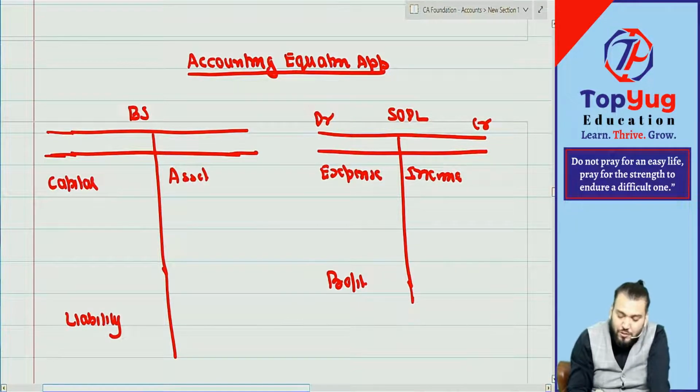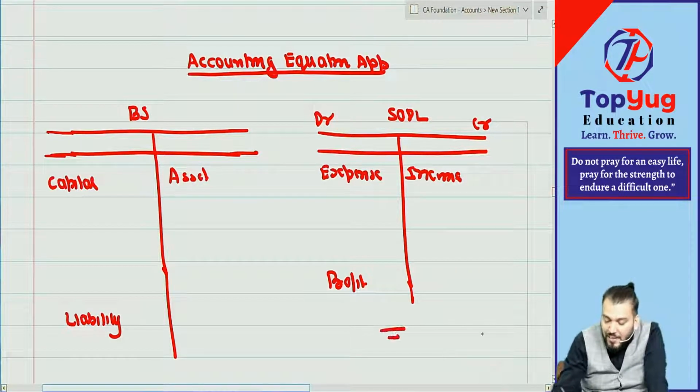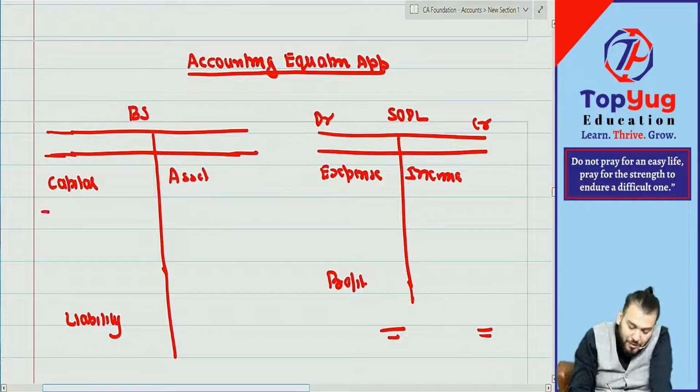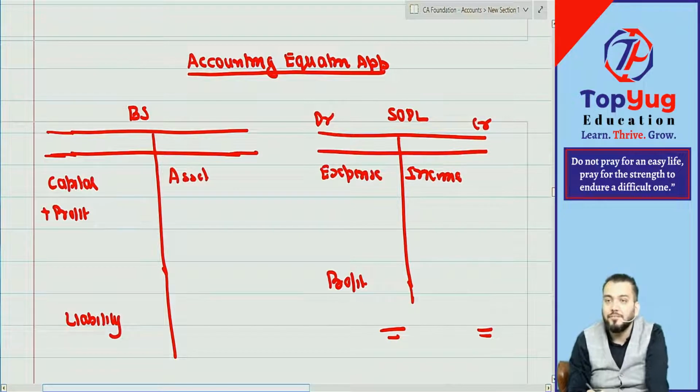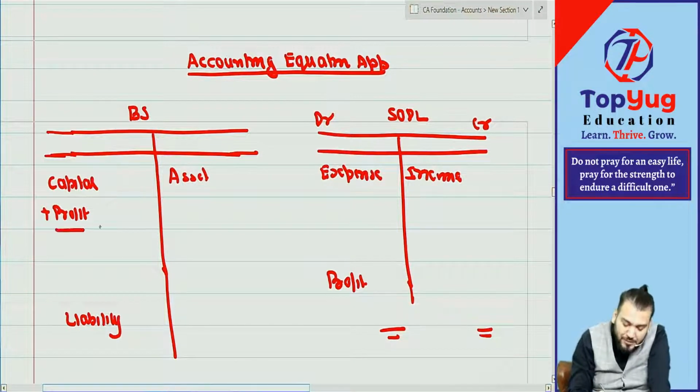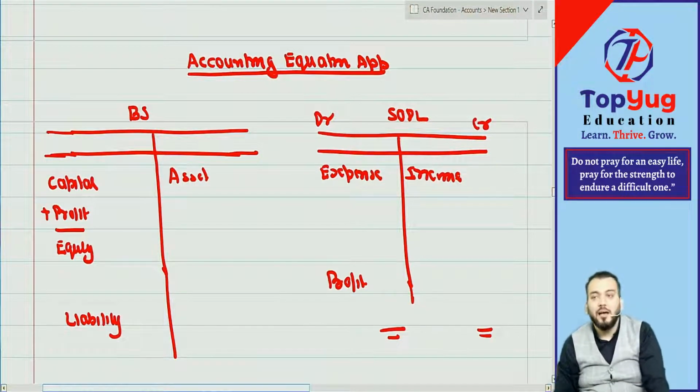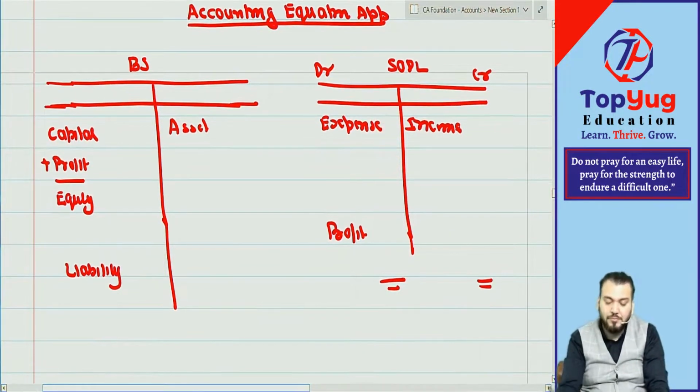So my question to you: this profit will be added to what? Capital. So we'll transfer this profit to what? Capital. And capital plus profit is known as equity. Understood? Capital plus profit is equal to equity. Have you understood?